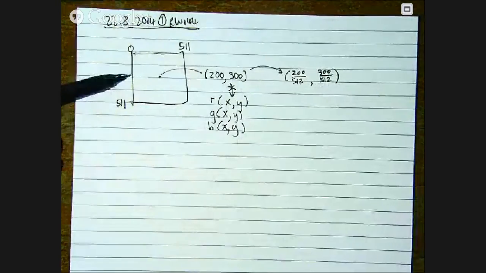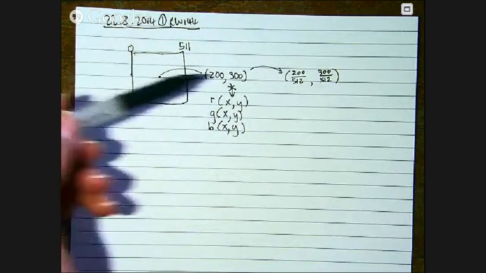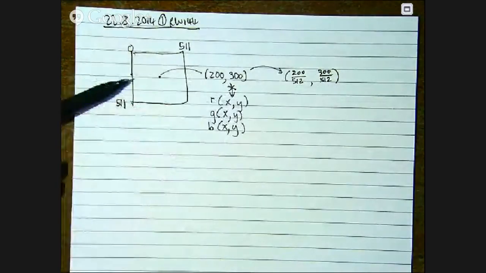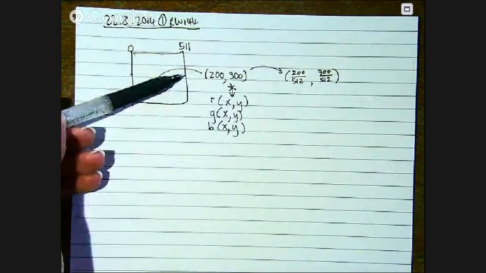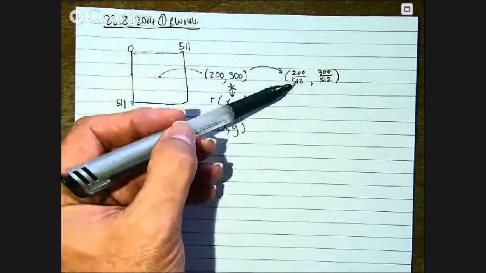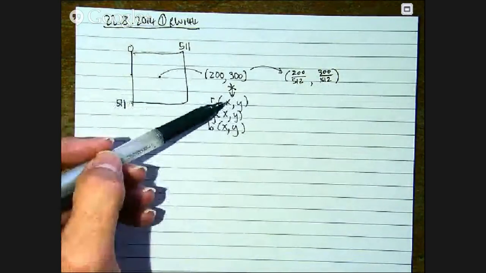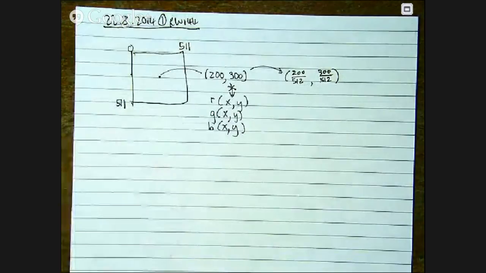When x is 0 at the left margin, divided by 512, we get a 0. When x reaches the right-hand margin, we divide by 512 and get 1-ish, almost. So x and y are now guaranteed to be between 0 and 1. That's the first little step.